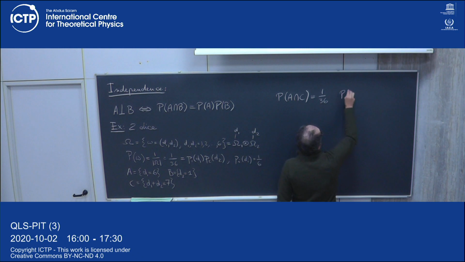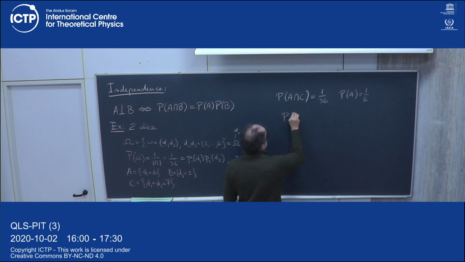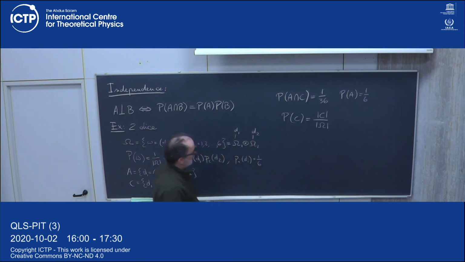The probability of A, we already said, is equal to 1/6. So we have to compute the probability of C. It is the number of favorable events for C divided by 36, which is the size of omega.